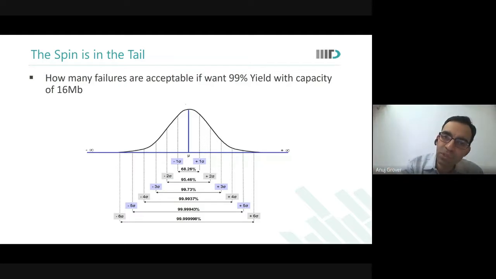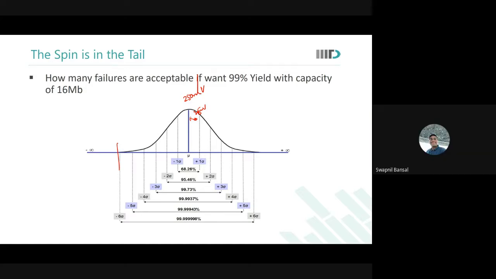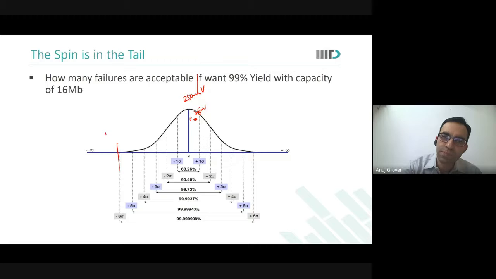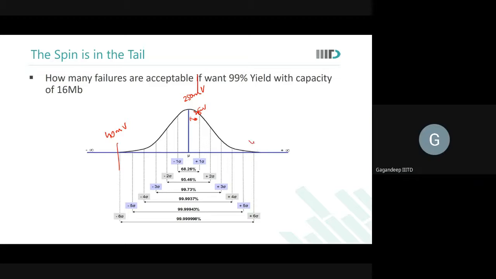Let us say the mu for SNM is 250 millivolts. Let us say sigma is 30 millivolts or 35 millivolts. So what is the SNM value here? What is the SNM value at -6 sigma? 40 millivolt. What is the SNM value at +6 sigma? 460 millivolts.